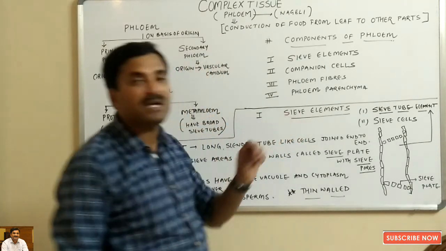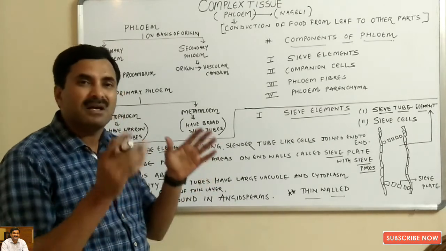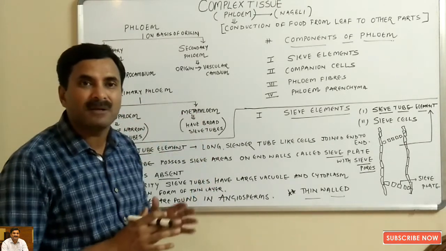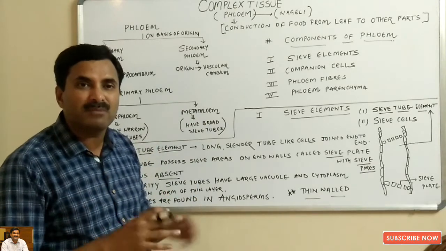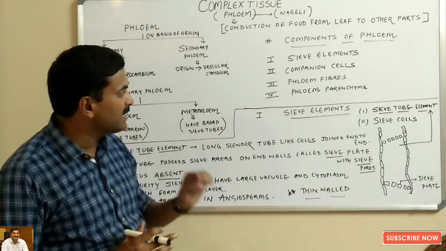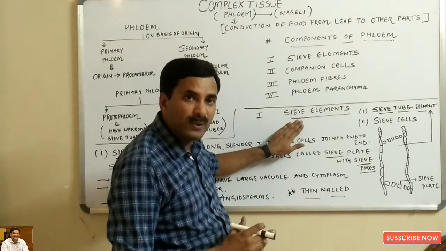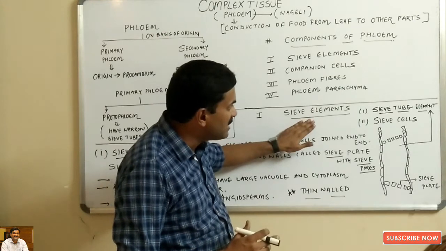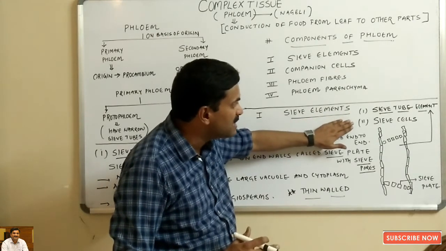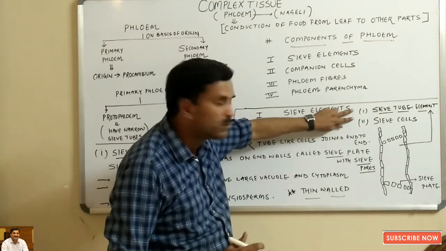Many people are confused regarding these sieve elements. In many books it is directly written that the first component of the phloem is the sieve tube. But I want to point out that basically sieve elements are there in the phloem, and sieve elements are of two types.